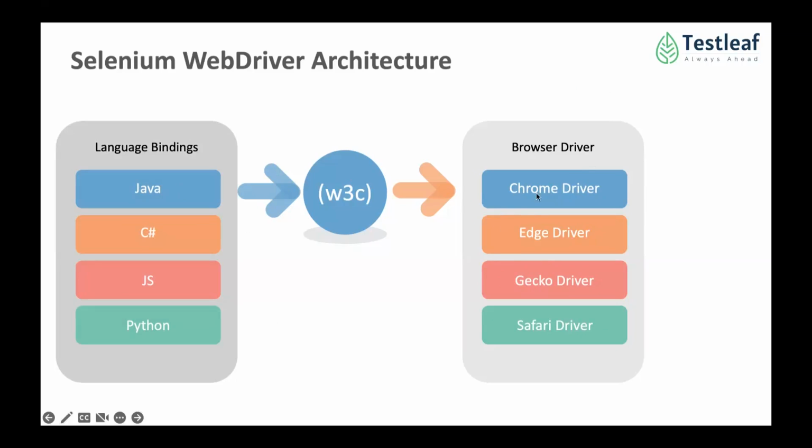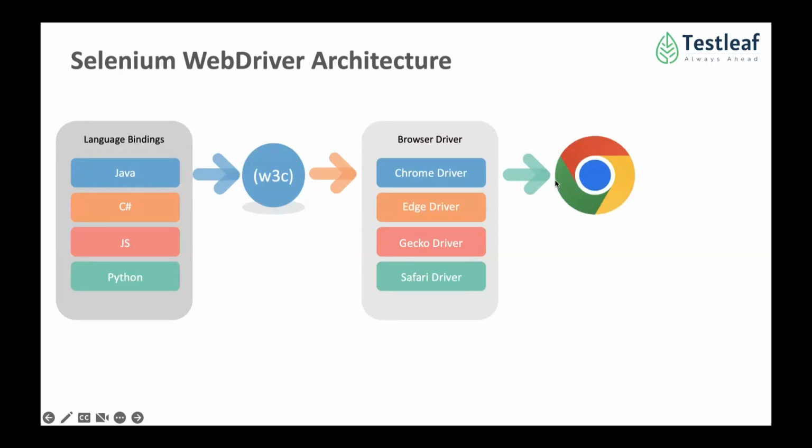Okay. Now, when you hit the Chrome driver call, the Chrome driver is going to make a call to the browser. This would be in terms of a CDP call, or it could be a JavaScript call. This will be a call internally between the Chrome driver and the Chrome browser. So far, so good. Everybody understood it. You wrote in Java, which becomes an API call. Using W3C, it goes and hits a Chrome driver binary running on your machine, which goes and hits the browser on your machine as an API call.